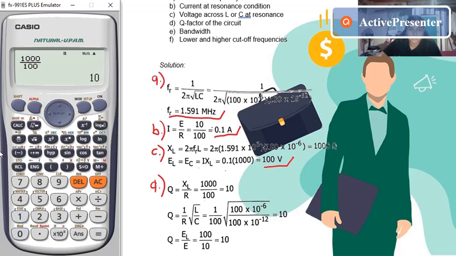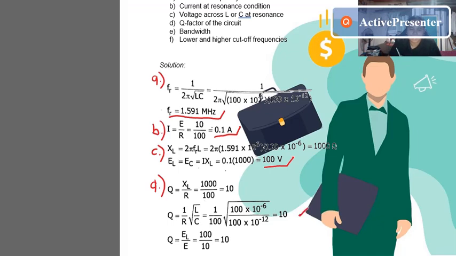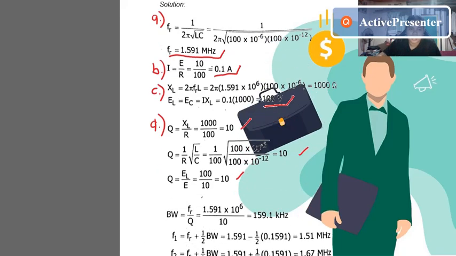So our Q factor will be 10. You can also use 1 over R multiplied by the square root of L over C, or Q equal to EL over E. The answers will be the same.